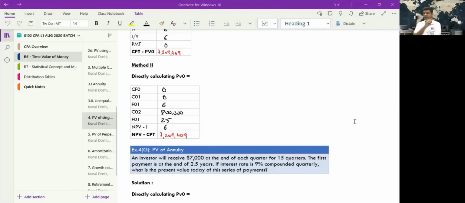Okay, go ahead. I'll just highlight the key things here. 7,000 at the end of each quarter for 15 quarters, 2.5 years, 9% compounded quarterly. What is the present value today?